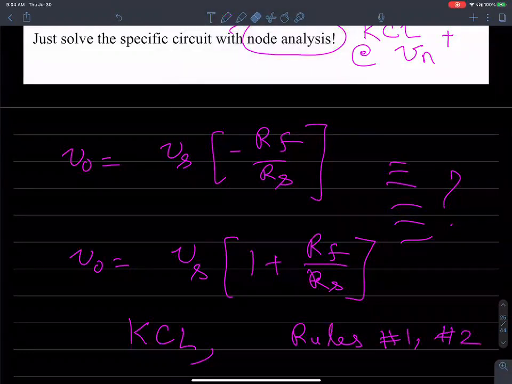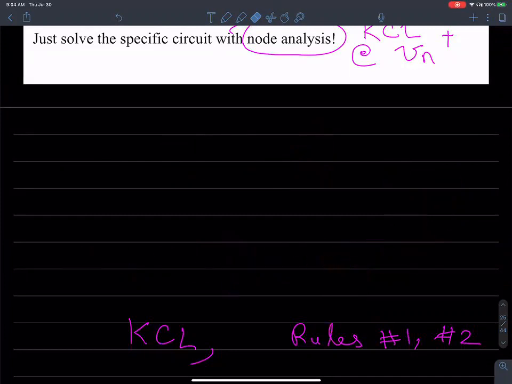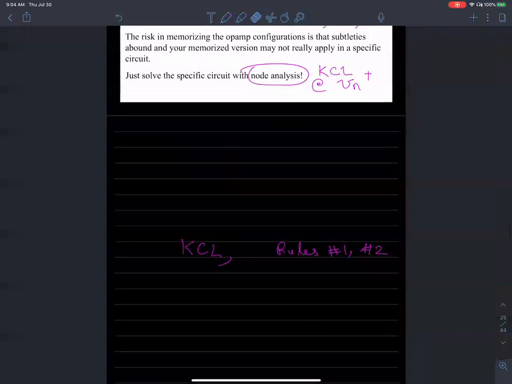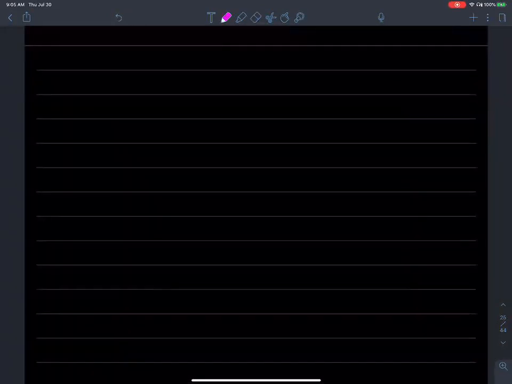You simply want to be able to derive everything from first principles. Op-amp problems are all about KCL and the two rules. I'll say this one more time: the problems may look very daunting, intimidating. Don't be deterred by it. Don't be intimidated.